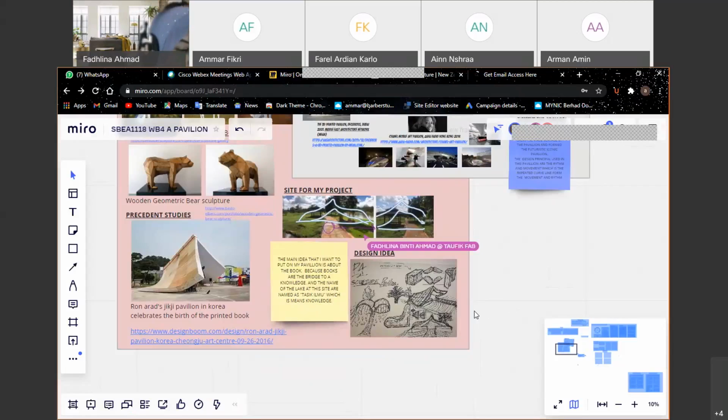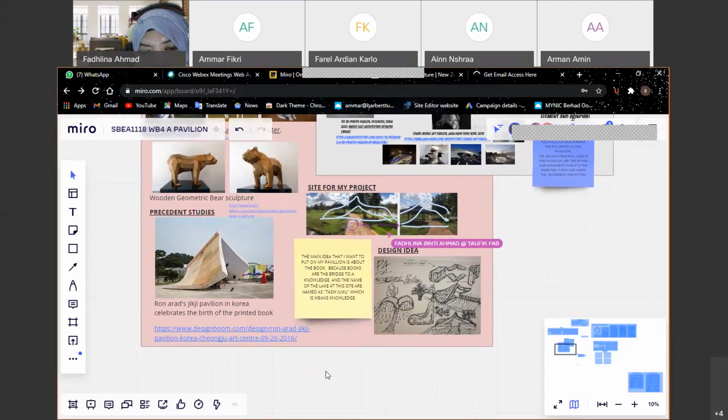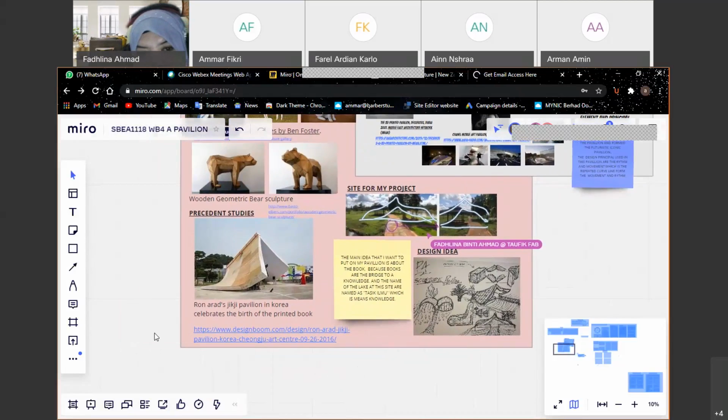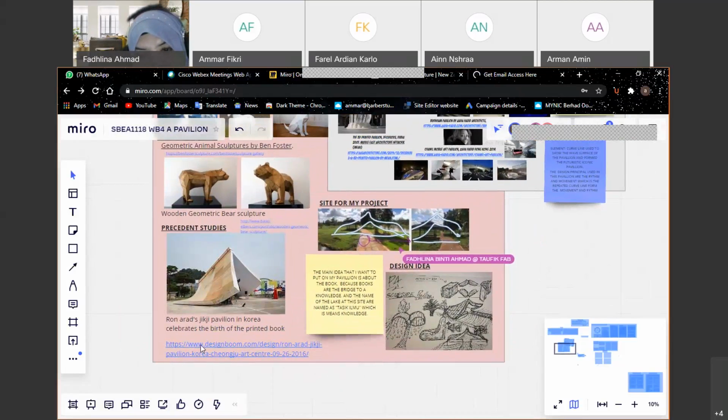It's about the book, because books are the bridge to knowledge, and the name of the lake at UTM, Tasik Ilmu, means knowledge. This is my precedent study, the Ron Arad Jigji pavilion in Korea, to celebrate the birth of the printed book.